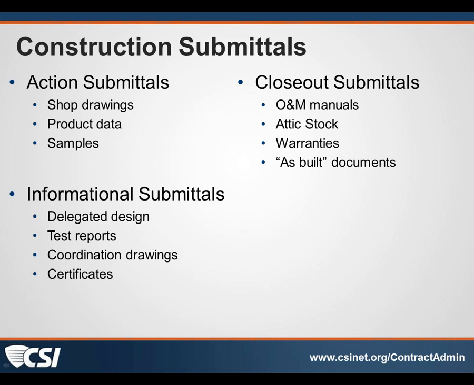Then there's also closeout submittals, where we get the operation and maintenance manuals of how to take care of our newly constructed project. There may be attic stock that's required as a part of the closing out of a job. Certainly there are warranties that would be a part of that closeout process, and then finally the as-built documents that the owner would use in their facilities maintenance and management process to look after the facility.